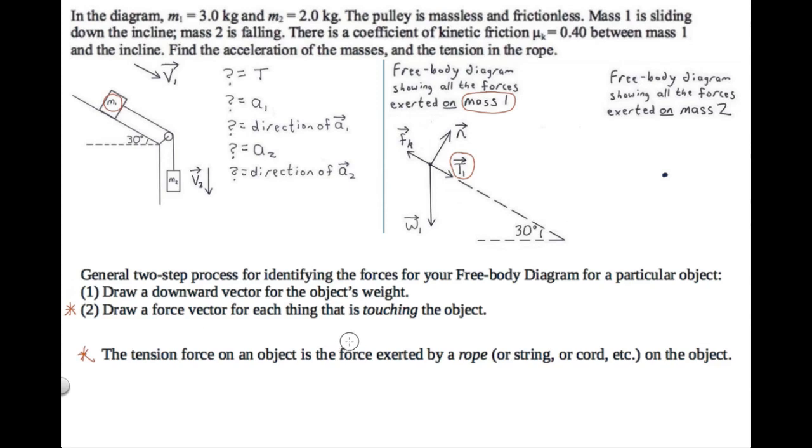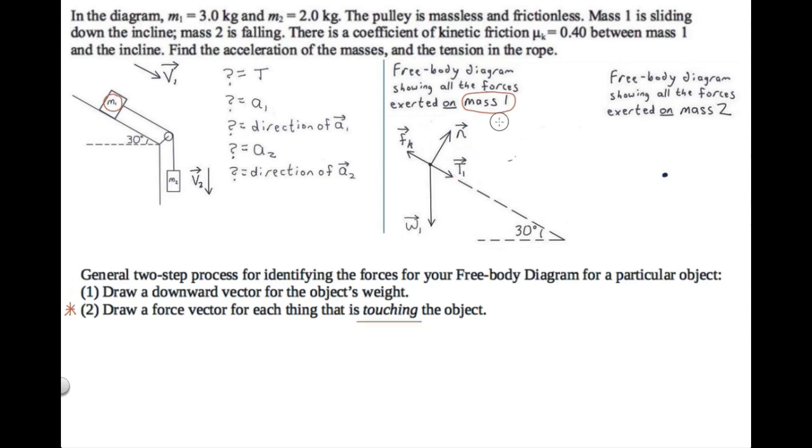We will refer to the force exerted by a rope as a tension force, symbolized as uppercase T. Are there any other forces on mass 1? Well, ask yourself, is there anything else that is touching mass 1 besides the incline and the rope? No, nothing else is touching mass 1, so there are no other forces on mass 1.